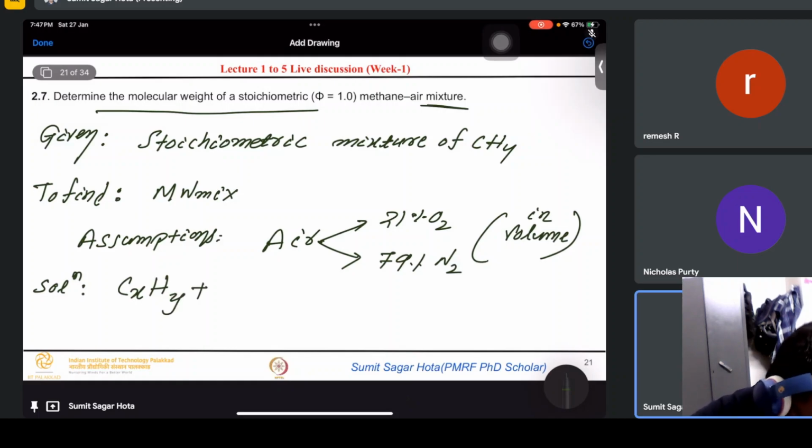To write any hydrocarbon-based reaction, write it like this: CxHy plus a times (O2 plus 3.76 N2), that is, plus air.